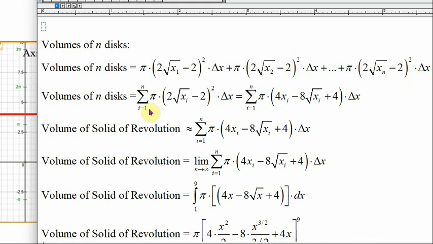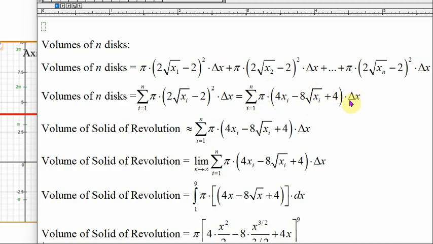Using summation notation, we would have the sum with the expression pi times 2 times the square root of x sub i minus 2 squared times delta x. Once again, this is the thickness of each slice, and this is the radius of the ith slice. And 2 times the square root of x sub i minus 2 squared is 4 times x sub i minus 8 times the square root of x sub i, plus 4.